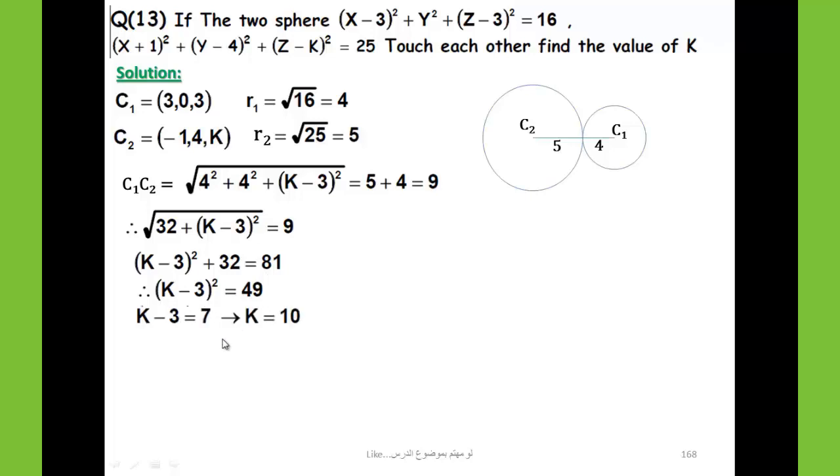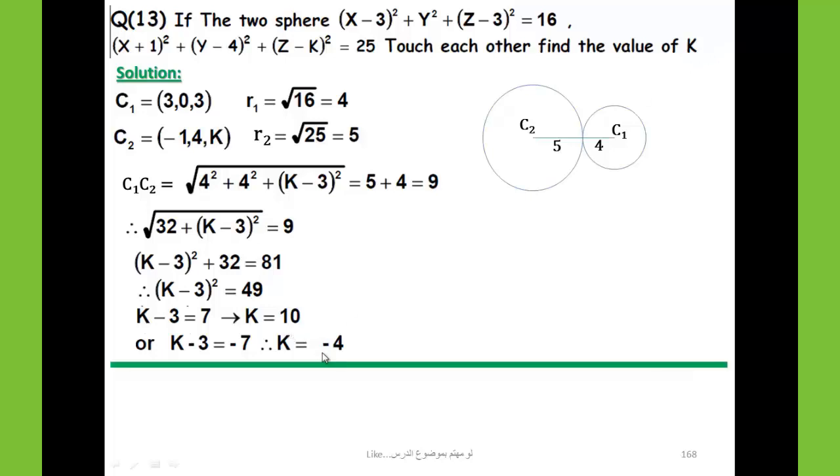By taking the square root of the two sides, we get k minus 3 equals 7, which means k equals 10, or k minus 3 equals negative 7, which means k equals negative 4. So we have two values of k: 10 and negative 4.